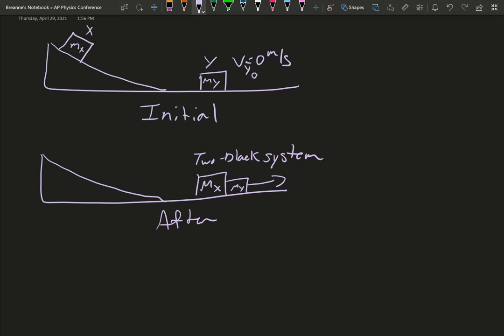A group of students must graphically determine the relationship between the released height of block X and the speed at which the 2-block system travels after the blocks collide and stick together. So these stick together. These now become 1. Figure 2 shows both blocks after the collision. Frictional forces between block X and the ramp and between both blocks and horizontal surfaces are considered to be negligible. So there's no friction in this system.